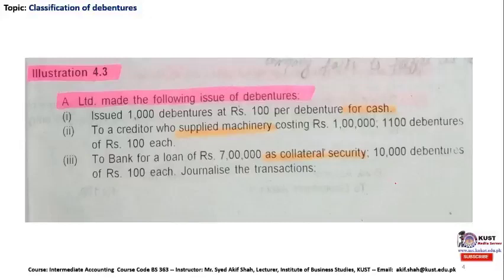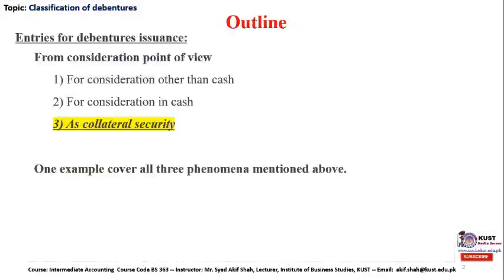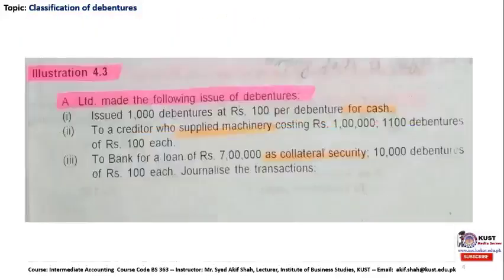Now let us discuss illustration 4.3 from our recommended book, which will cover all our three main issues we have started. That is, it will cover the consideration other than cash, the entry regarding the consideration in cash when the debenture is issued, and finally what to do if debentures have been issued as collateralized security.